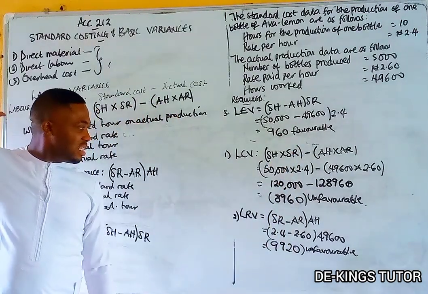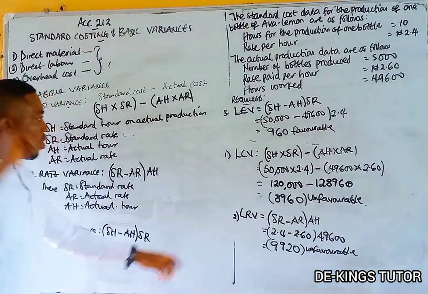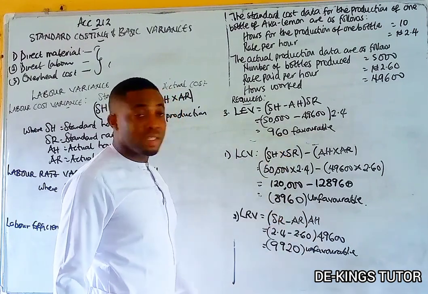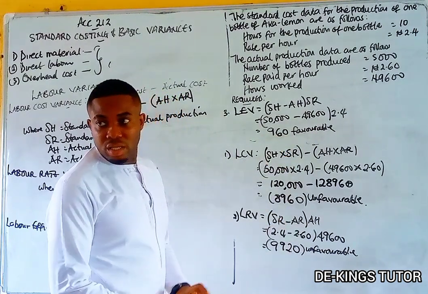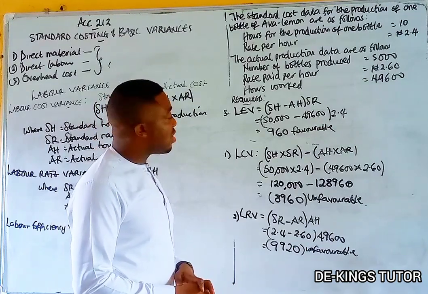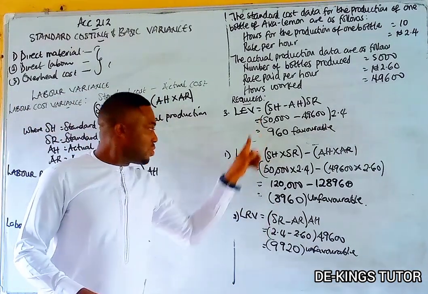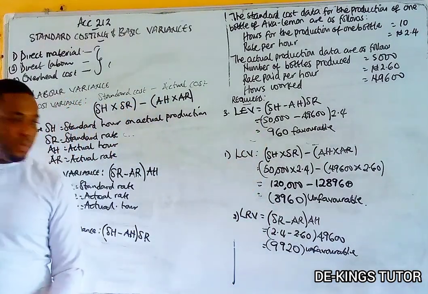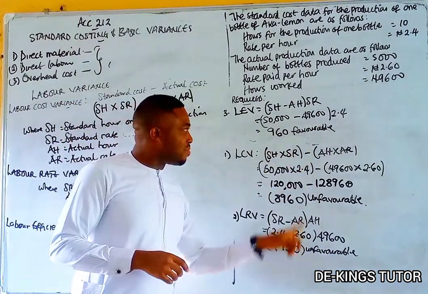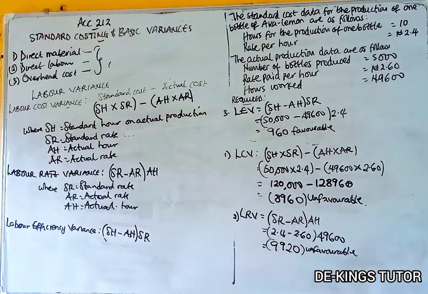Did it give us that? Okay, what I mean is this minus this. Did it give us this? Because this is unfavorable, this is favorable, so they can't merge. So this minus this gives us this, which is unfavorable. Okay, the third one.